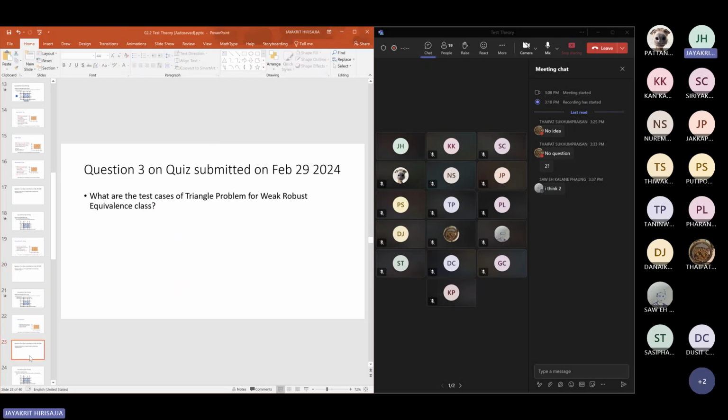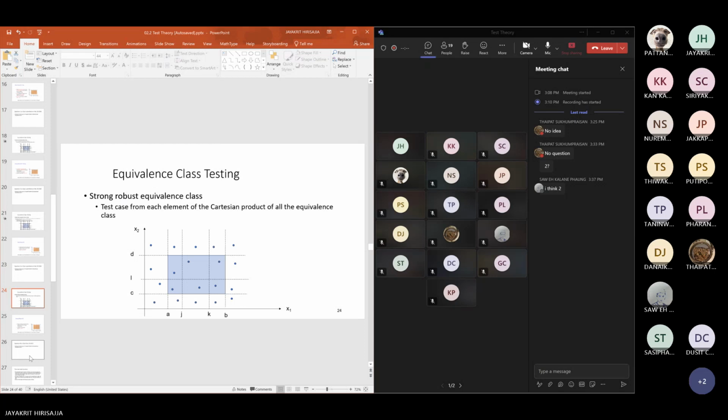We have weak and strong robust equivalent class. It means that we try to identify every possible equivalent class here, and we test every possible input that should be proper input in our testing domain.